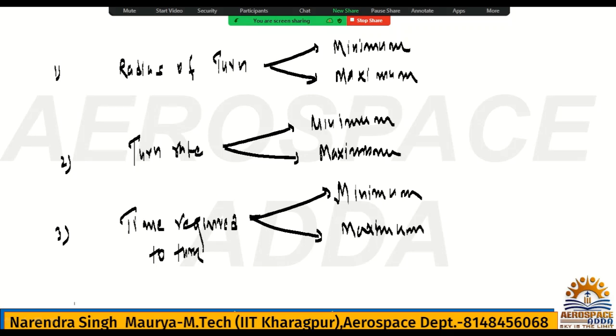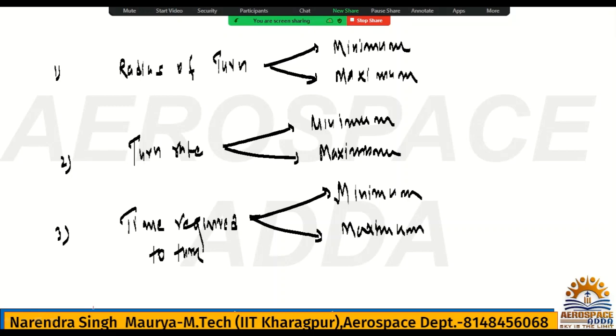So now the conclusion. If you say radius of turn, what does it mean? While the pilot is turning the aircraft, what circle is he or she taking? That is one thing. Second thing, you can think about your cycle, your bike, your car.